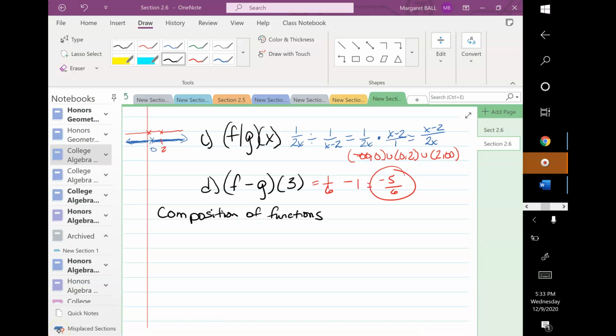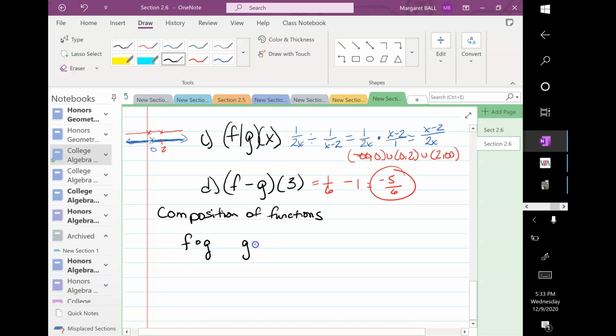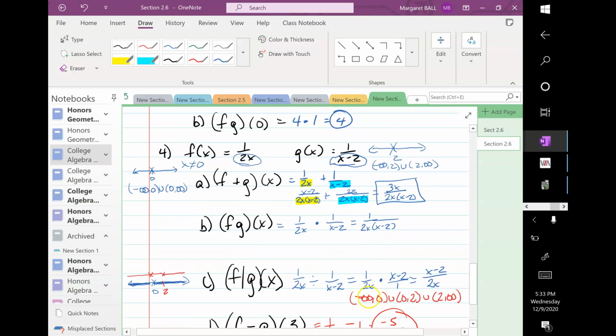The notation that we use is an open circle, and I call it FOG, or if it's G open circle F, it's GOF, or F open circle F, it's FOF, or G open circle G, it's GOG. You get the idea. Okay, so example number 5.